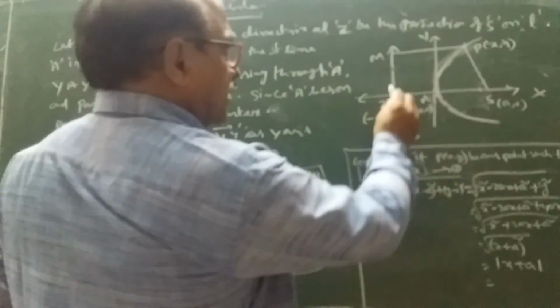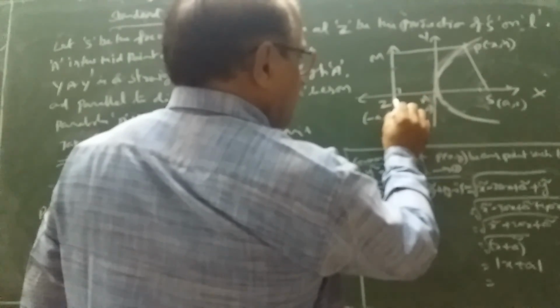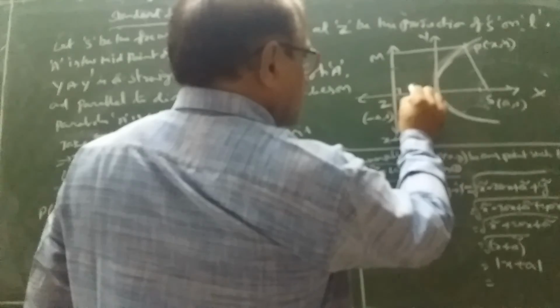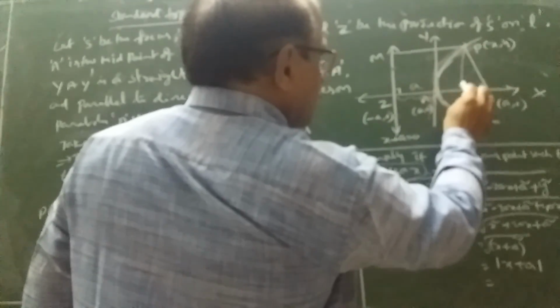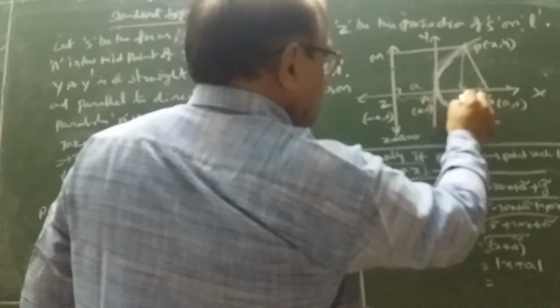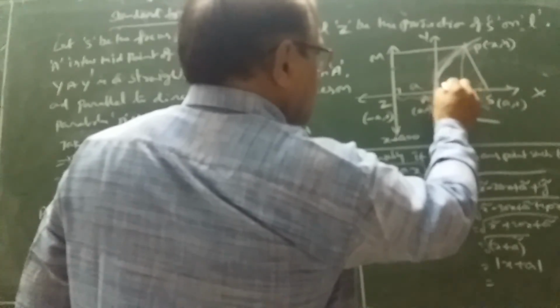Mod of x plus a is nothing but, here the distance from Z to A is a, and the coordinates of P, suppose this is x.